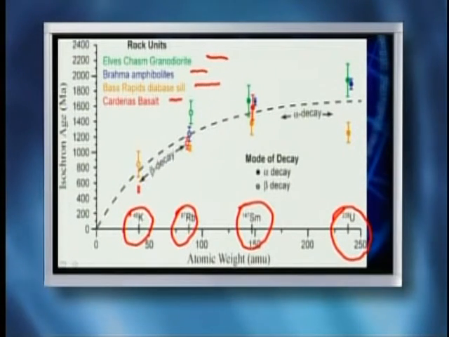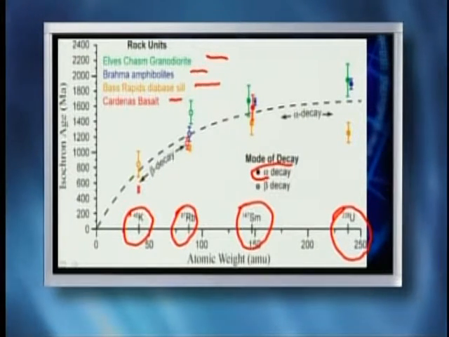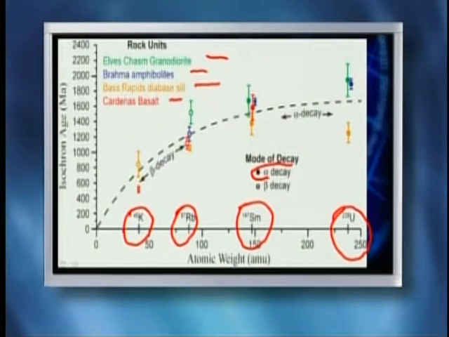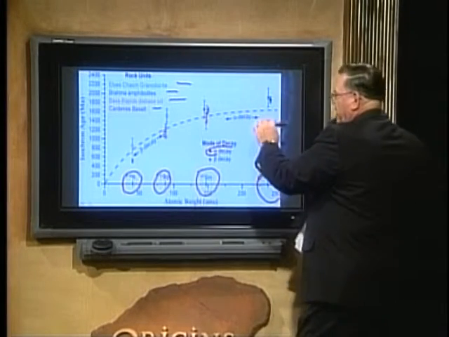There are 2 types of decay. There is alpha decay, and uranium-lead is an example of that, and samarium-neodymium. And a second type of decay called beta decay is over here: the potassium-argon and the rubidium-strontium. And when you plot all these, you notice a considerable amount of difference.